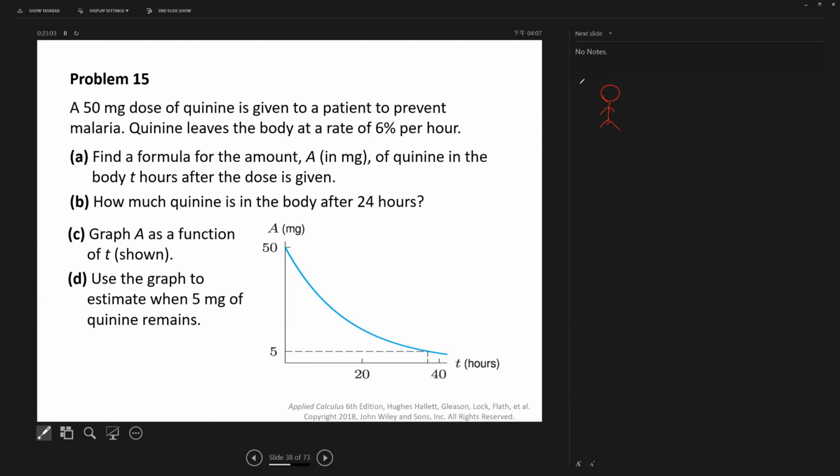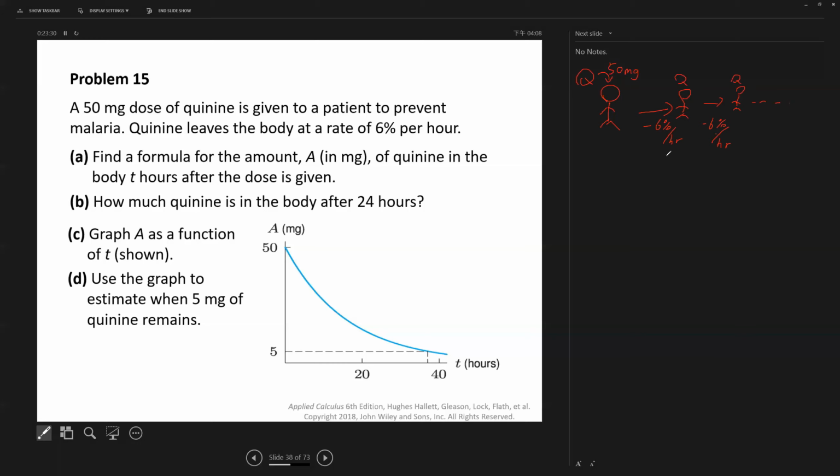I'm taking quinine, and every hour I lose 6% per hour, and so on.